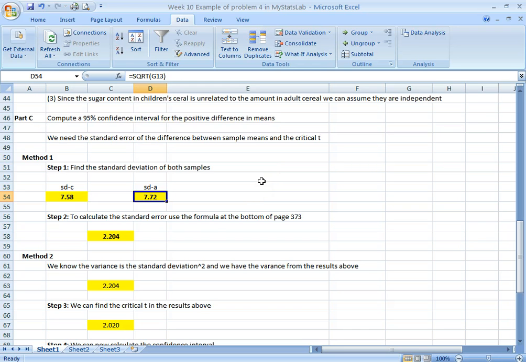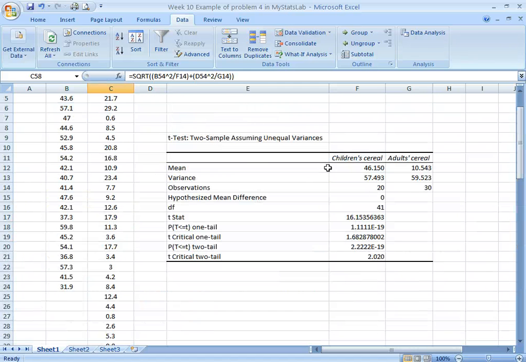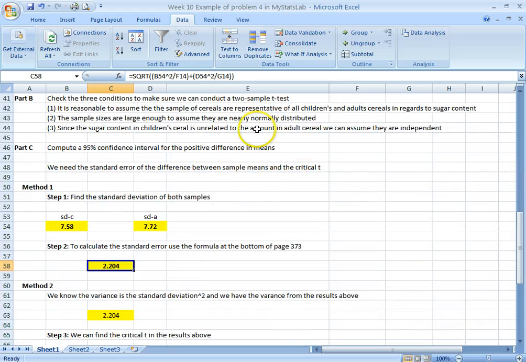Now we need to calculate the standard error, and for this we can use the formula at the bottom of page 373. I'll click on my cell here, and you'll see that the standard error is the square root of the standard deviation of children's cereal squared divided by n, which is right here, 20, plus the standard deviation of our adult cereal squared, as you see here, divided by that sample size, which is 30.